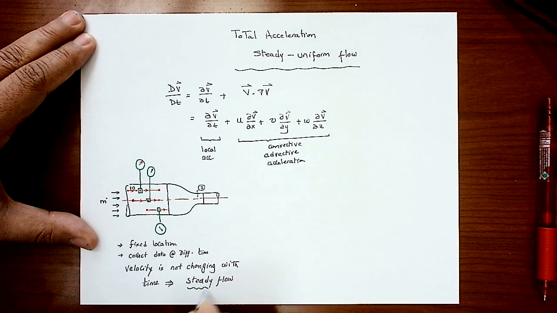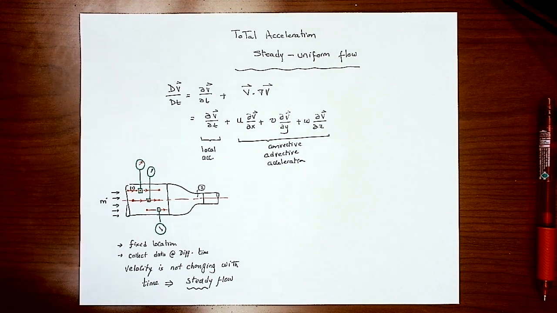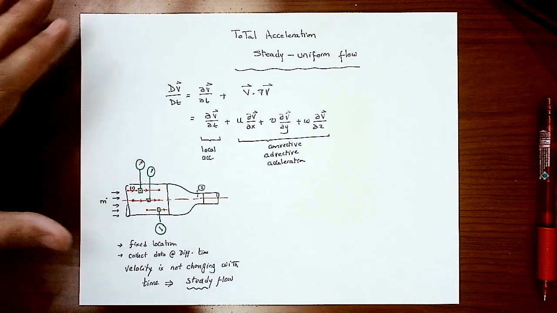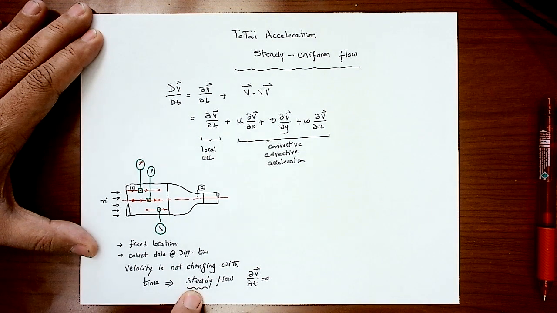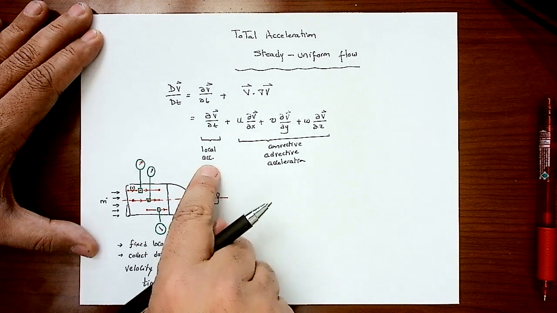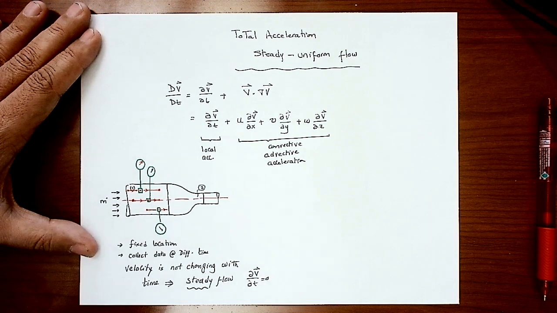So the word steady means that there is no variation of the velocity relative to the time at a given location. In this situation, I can translate that partial v relative to the time is equal to 0. So for steady flow, the local acceleration equals 0.